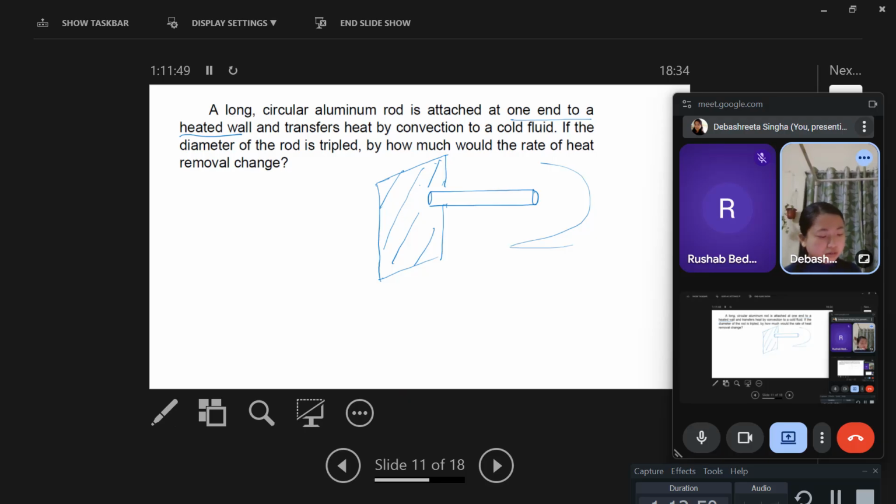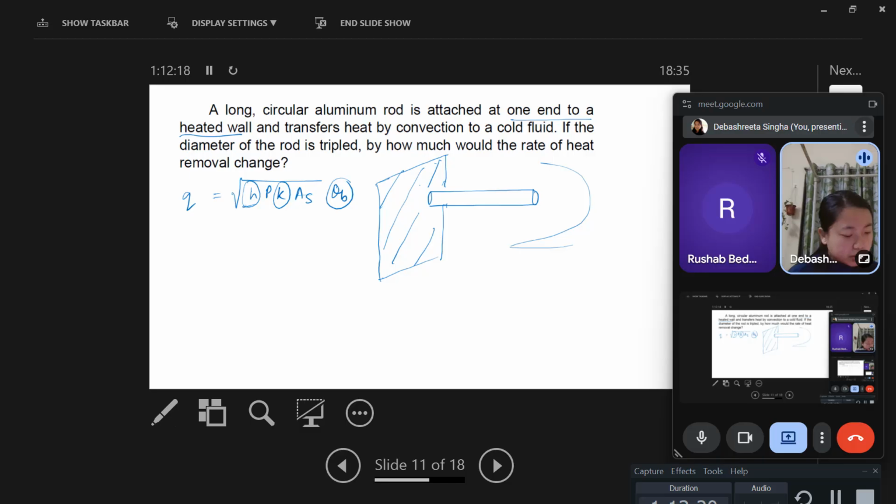Okay, for this, it's a case of fins only, right? So for fins, Q is given by root over h P k A_s theta_b. Everything else is constant here: h, k, and theta.